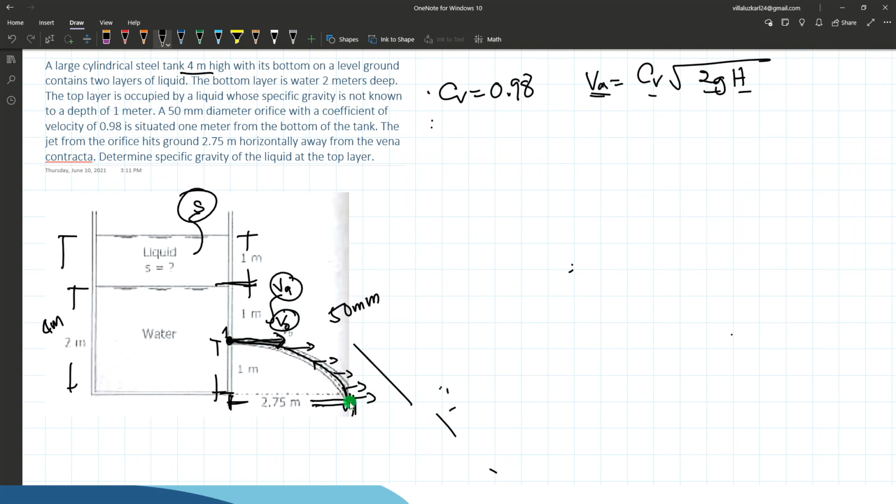It says there that it reaches this point right here. As we recall, we have several formulas that we can use in projectile motion in order to determine this velocity. We have a given distance s of 2.75, so we can use that.